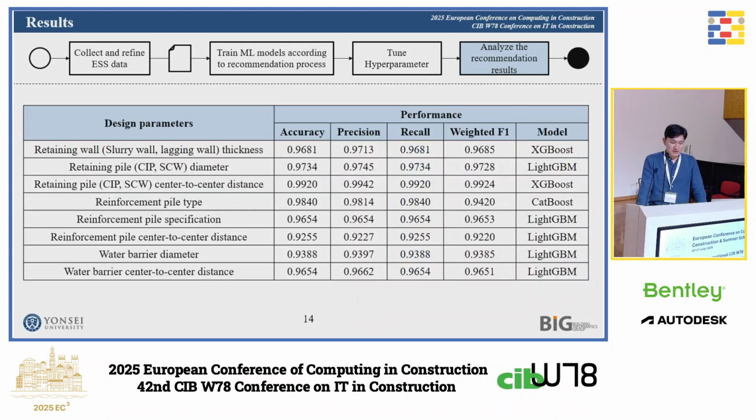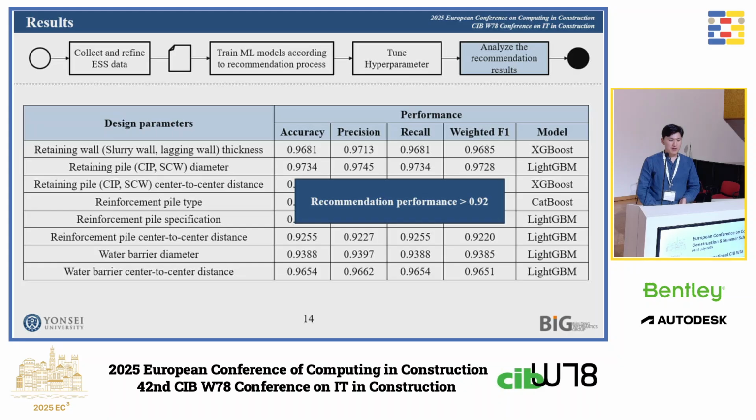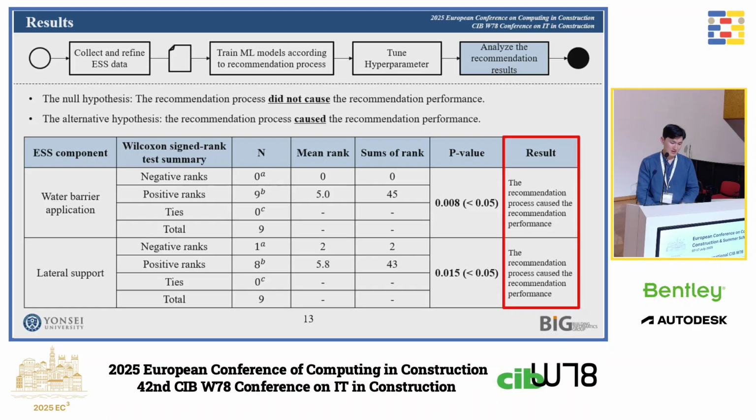Furthermore, the design parameters associated with ESS components such as wall thickness, pile diameters, and center-to-center spacing of piles all demonstrated high recommendation performance with weighted scores above 0.92. To determine whether the performance difference between the two recommendation processes was statistically significant, we conducted a Wilcoxon signed rank test.